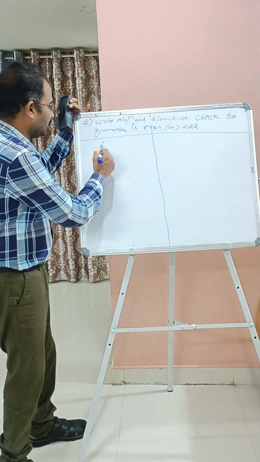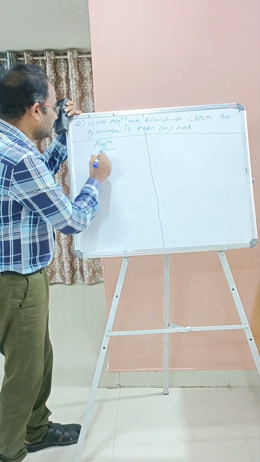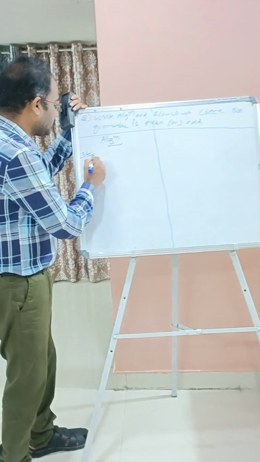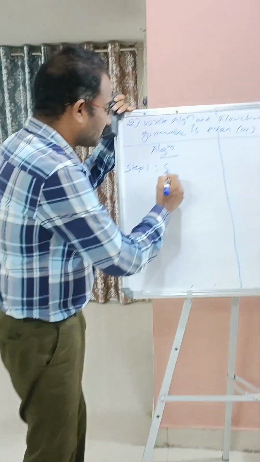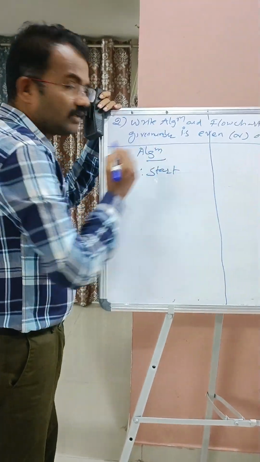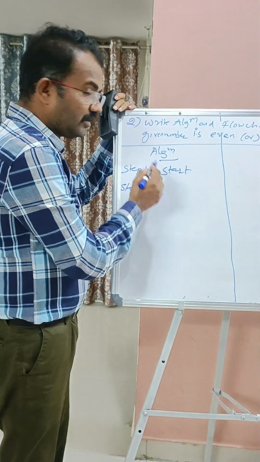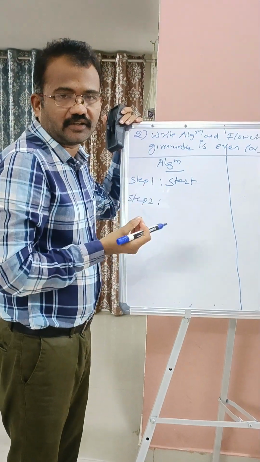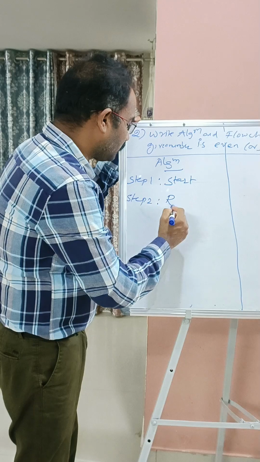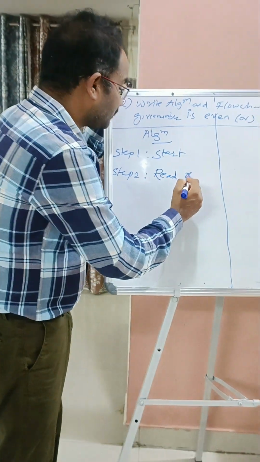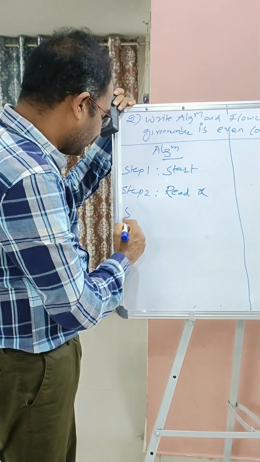So first, how to write the algorithm? Step 1. What is step 1? Always the first step is start. Now step 2, we have to check whether x is even or odd, so we have to read the x value. Read x. Right, now what is step 3?